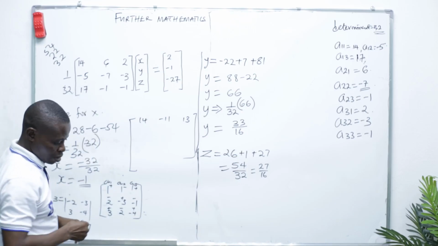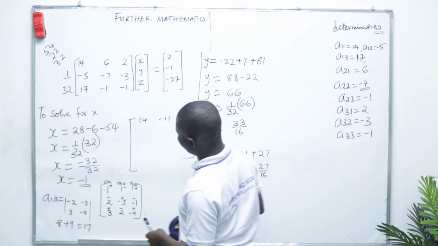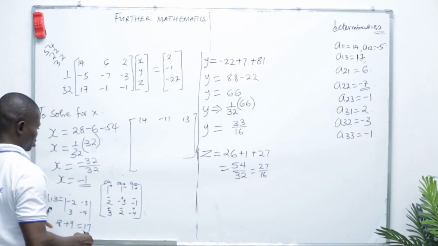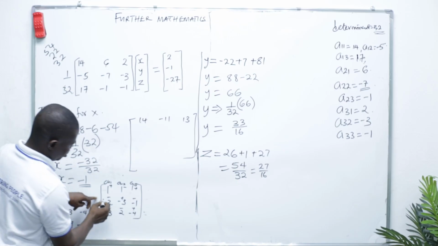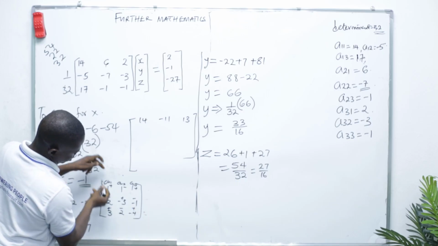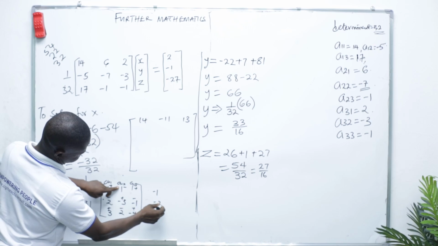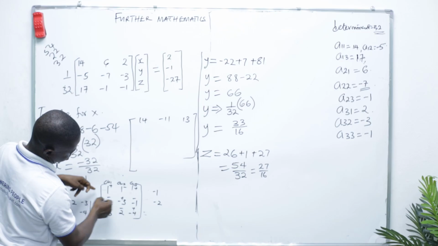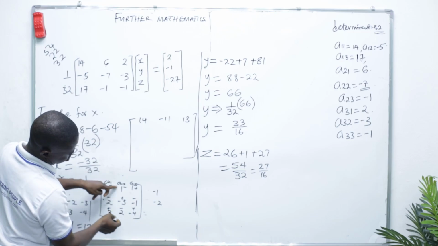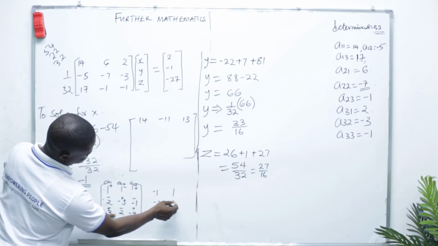Okay, let's cross-check this A21, if this is another. A21, that's here. This way, minus 1, minus 2, 1, minus 4.